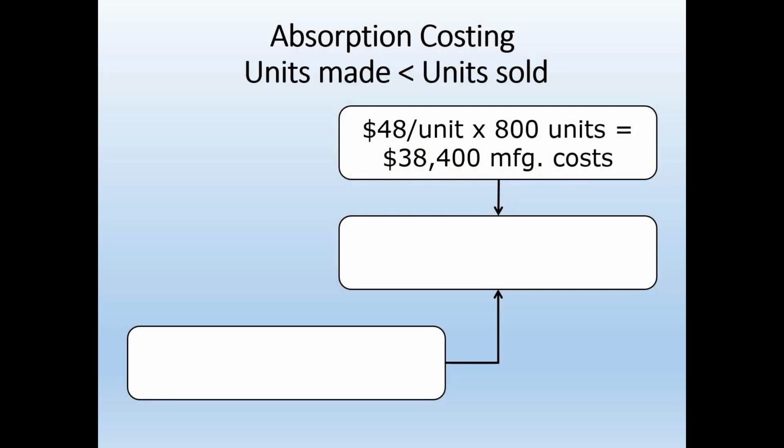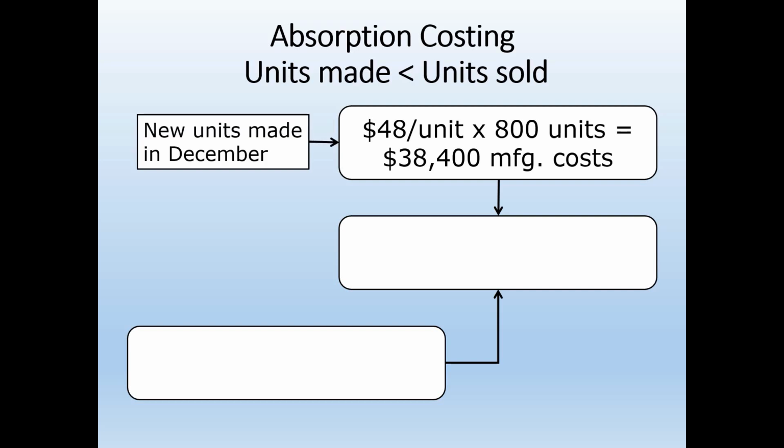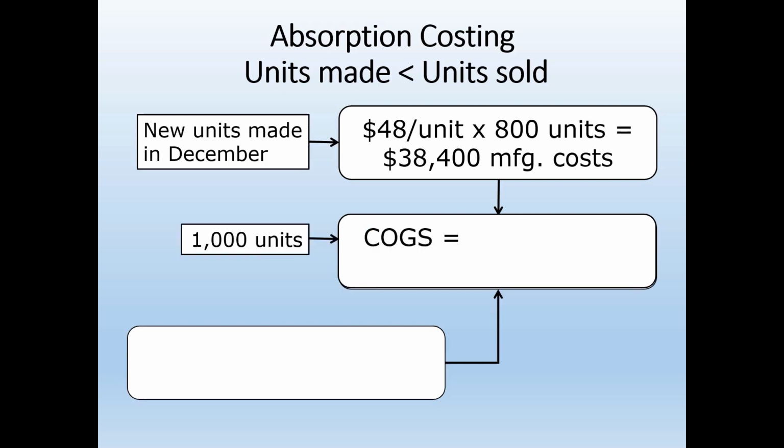We just figured out that it cost us $48 per unit for manufacturing costs in December. We can multiply that by the 800 units that we made. That will give us the total manufacturing cost for the 800 units made in December. But we sold 1,000 units.